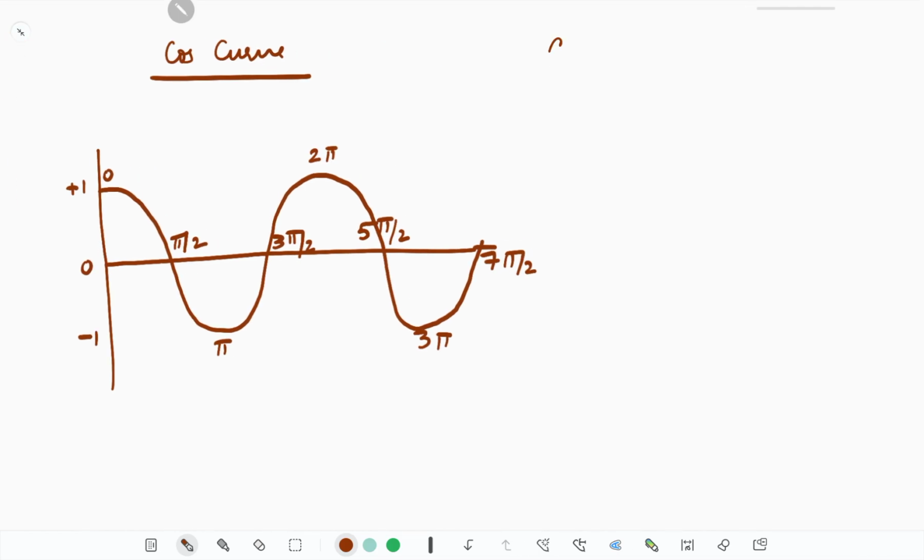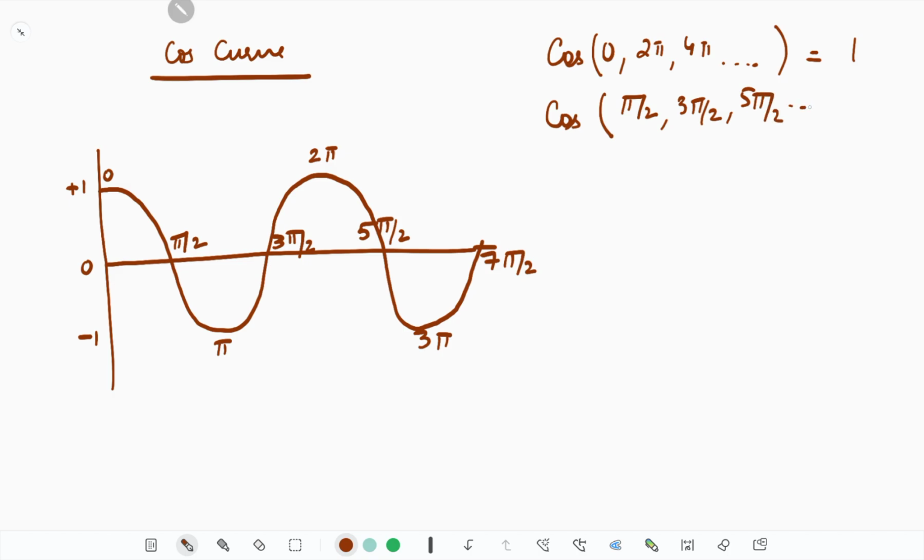Just like sine, you can find the values of cos 0, 2 pi, 4 pi and so on by this curve is equals to 1. And if you want the value of cos pi by 2, 3 pi by 2, 5 pi by 2 and so on, the value will be equals to 0.